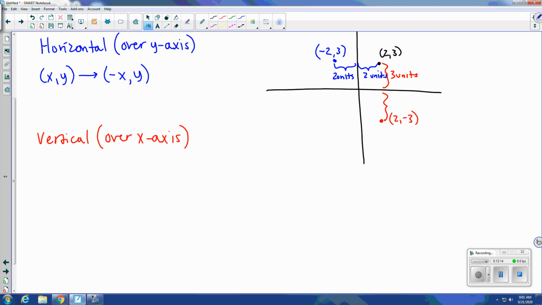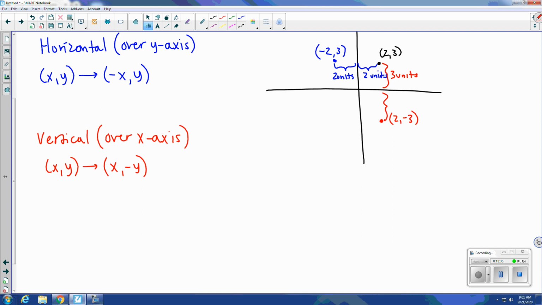For vertical, if we take any xy coordinate and multiply the y value by -1, we'll get a reflection over the x-axis. And these are the only reflection types we are responsible for in this class.